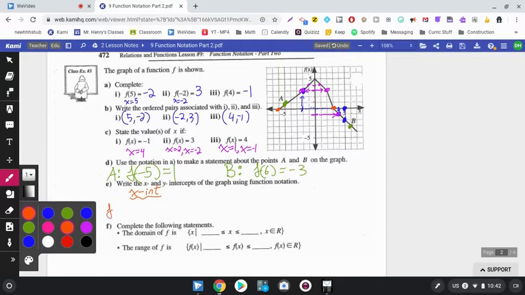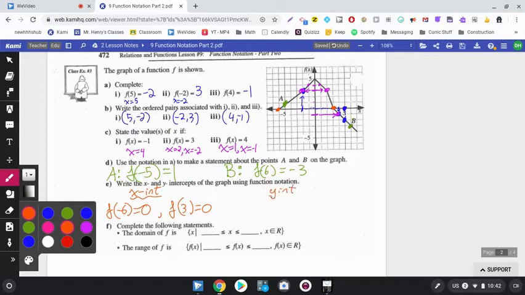So f of -6 gives me an output of 0. Or it's the point -6, 0. The other one is f of 3 equals 0. The coordinate point 3, 0. But in this case, I'm writing it as function notation.